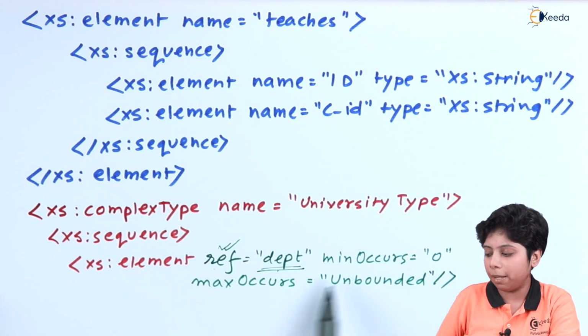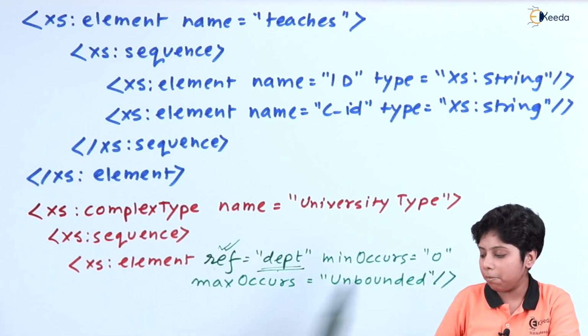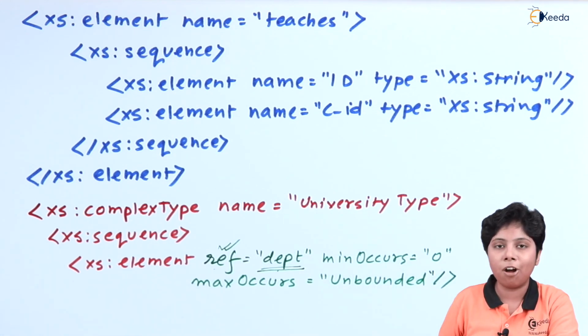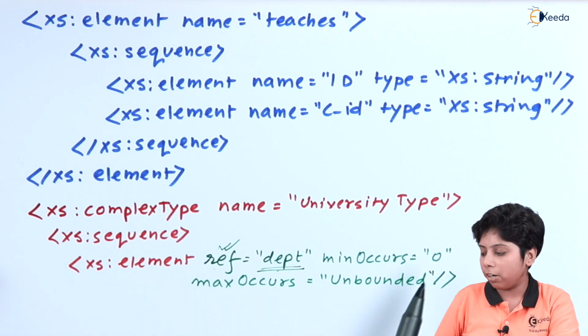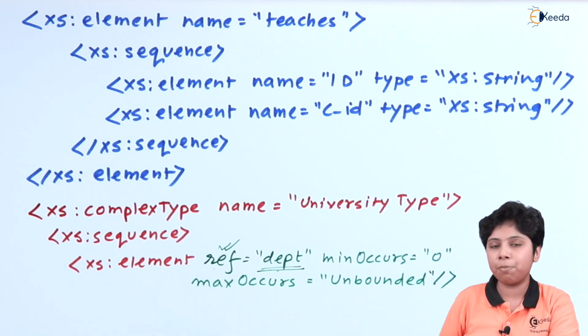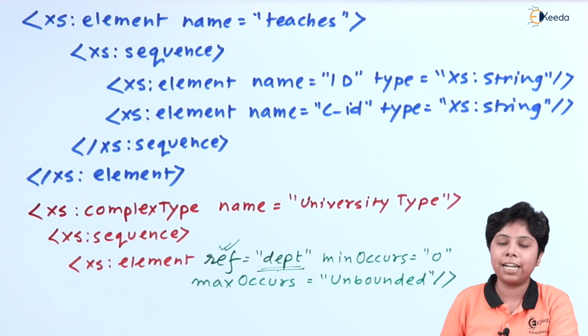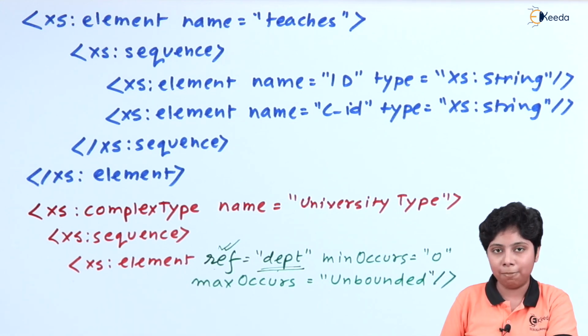And these are the limits to the references. Min occurs is the minimum number of references that can be made to the relation or element, and max occurs is the maximum. So 0 is the minimum and max occurs is unbounded, that any number of times the department element can be referenced by other elements.